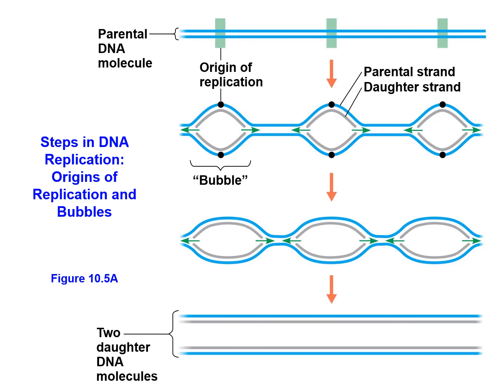What it does is it actually copies the strands at multiple places all along the strand of DNA at the same time. So looking at this figure, let's look at the top, the parental DNA molecule. There's our DNA, and you can just pretend the bottom blue line is the left strand and the top blue line is the right strand. That whole thing has to be copied.